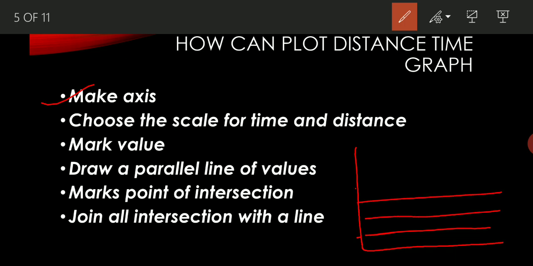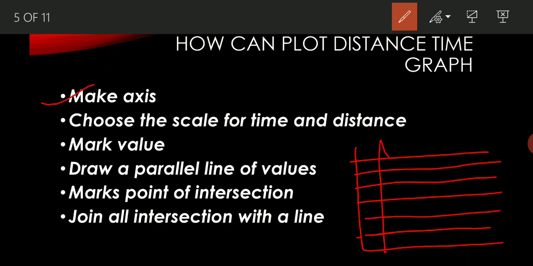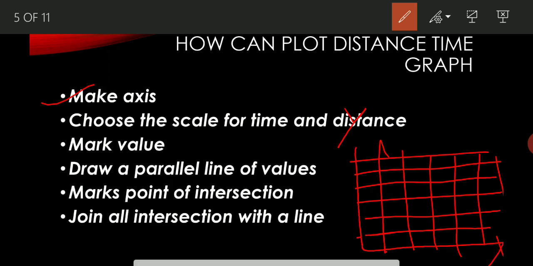It contains verticals and horizontals lying and making squares like this. So first of all, you have to make the axes. As I have told you, there are two axes, you have to make the y and x axis. This is the x axis and this is the y axis.